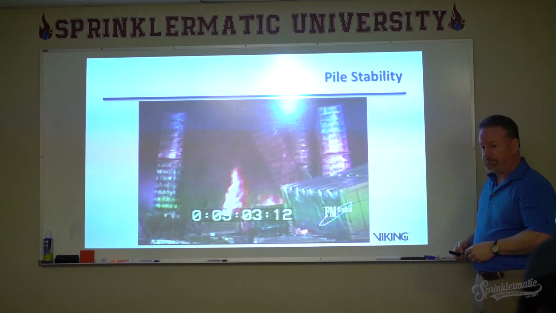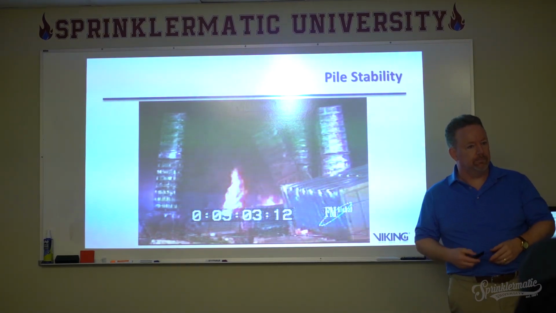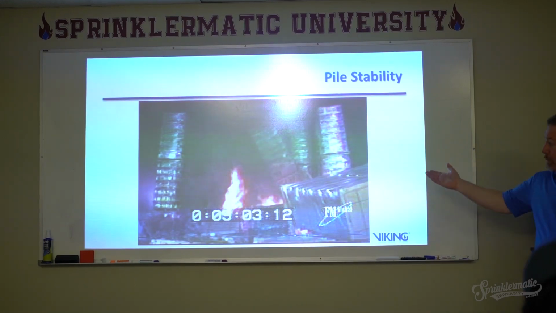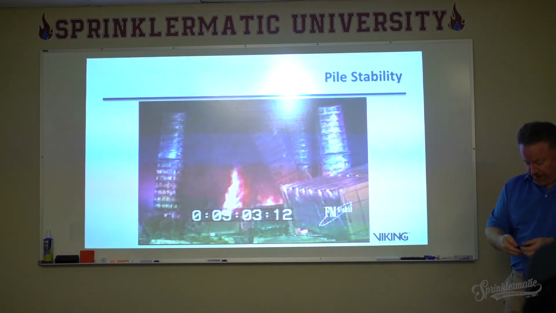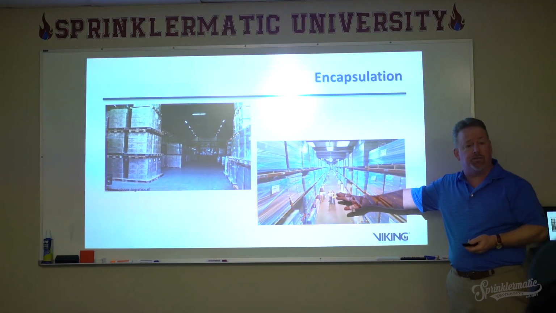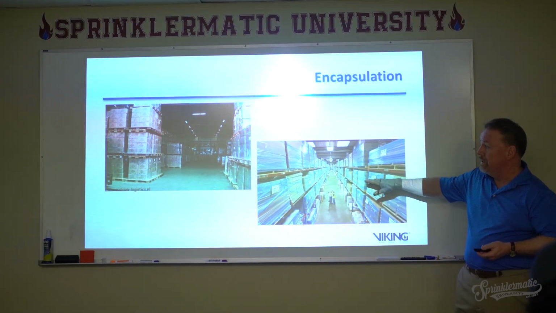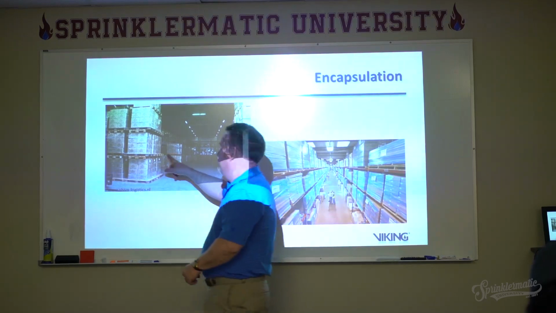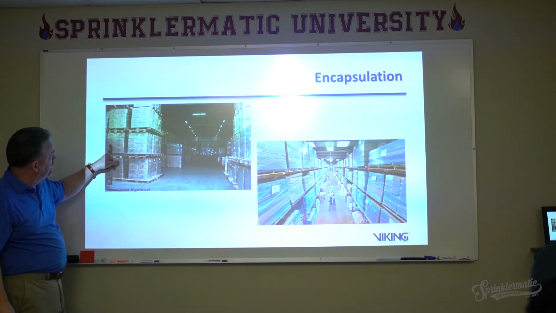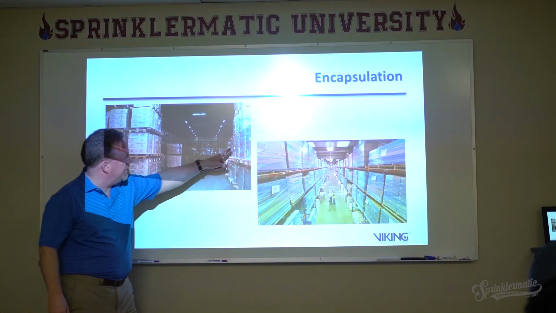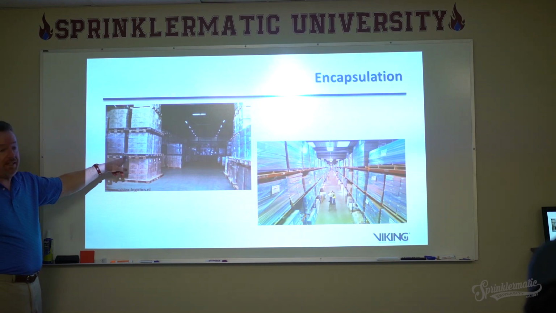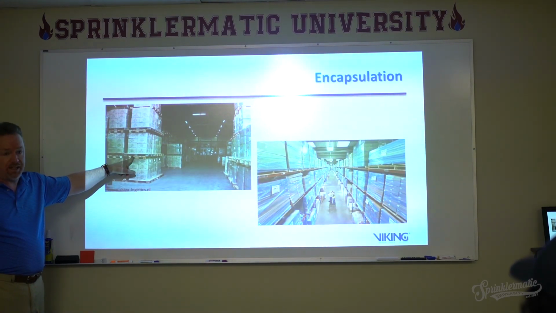Now that would be through a combination of what, like ESFR heads or in-rack storage? It all depends. In this particular case, it could be the use of in-racks. If these are actually wrapped and encapsulated all around, well, you're not going to be using ESFRs or in-racks to protect this.